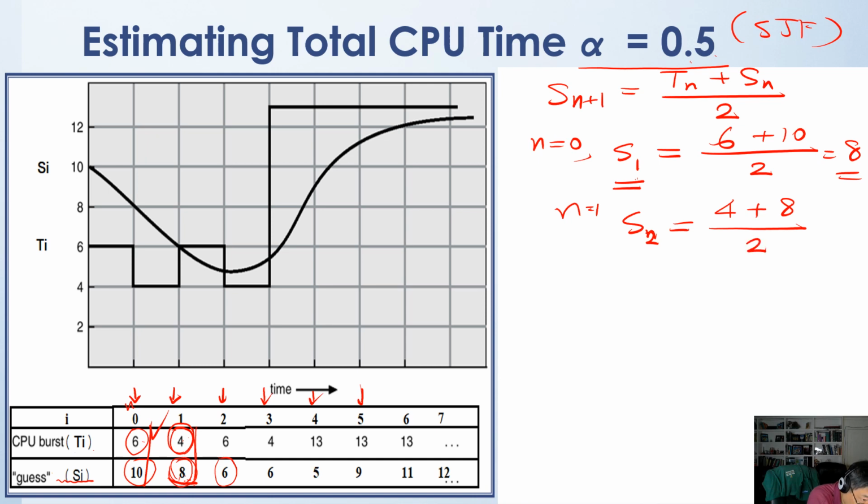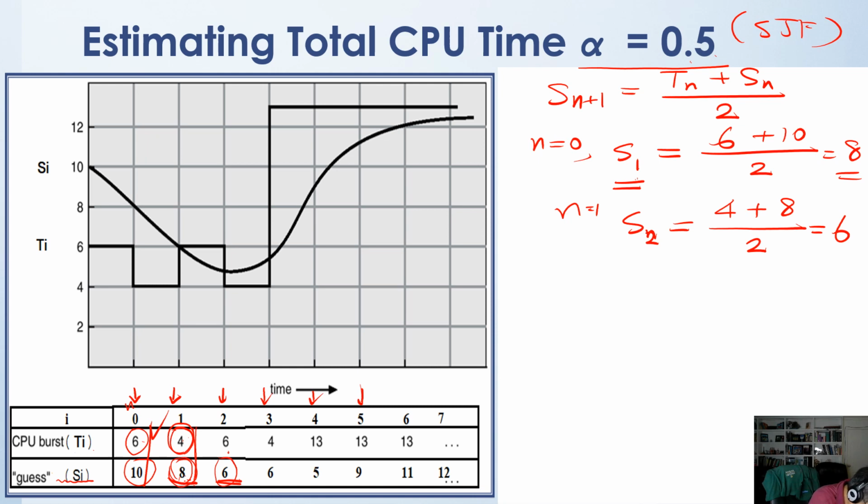Then we calculate and get 6. So 6 becomes the next predicted CPU time. Then we run SJF and use 6 as the predicted CPU time and compete with the other processes. Once 6 becomes the smallest predicted total CPU time, the process gets the CPU.